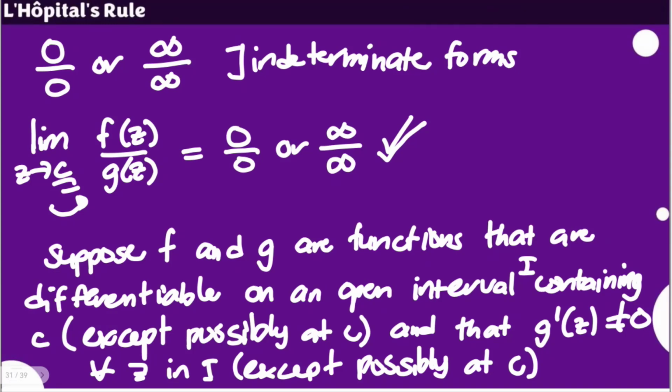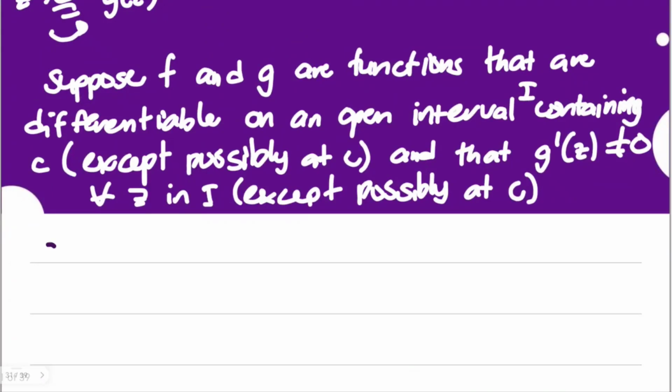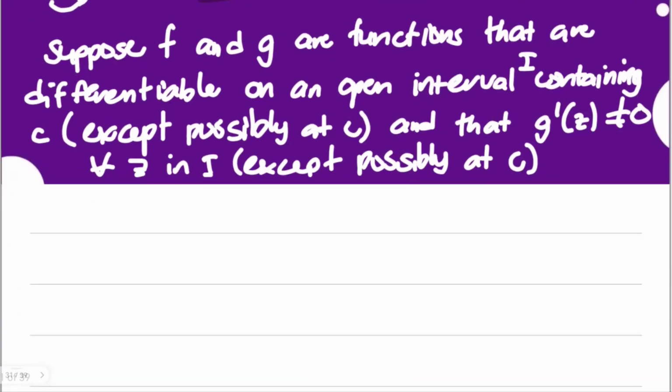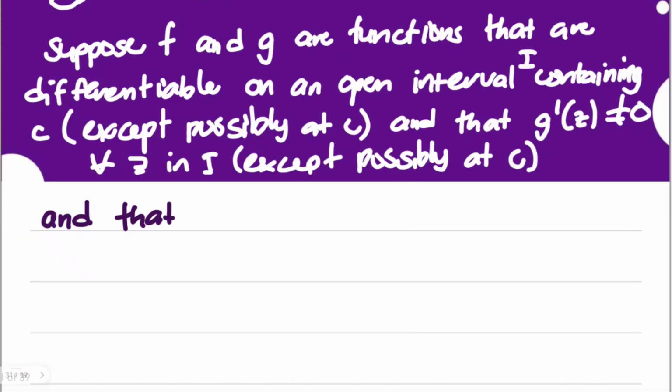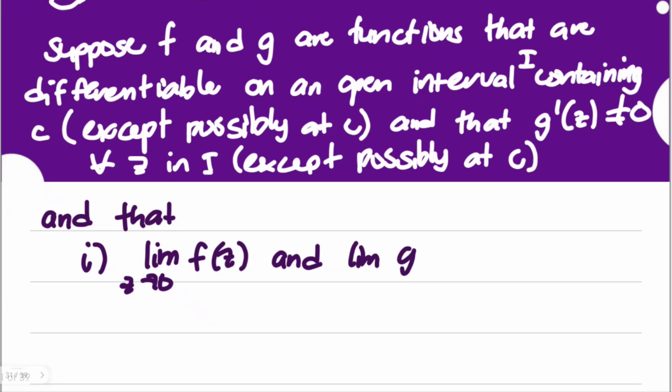Of course, just to complete this, in the first situation, the limit of f of z as z approaches c and the limit of g of z as z approaches c are both equal to 0, thereby making the indeterminate form 0 over 0.